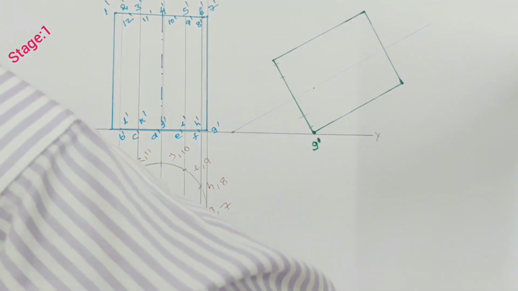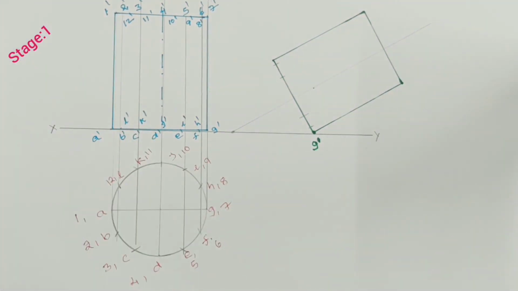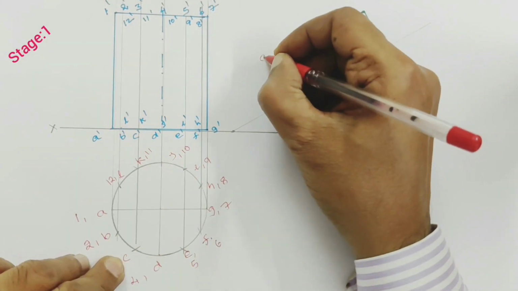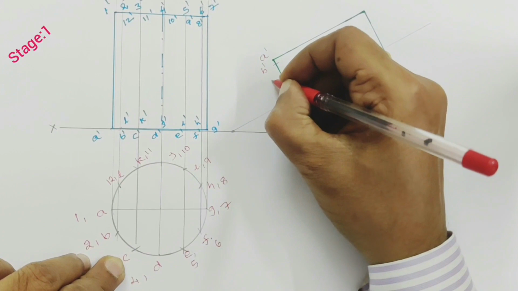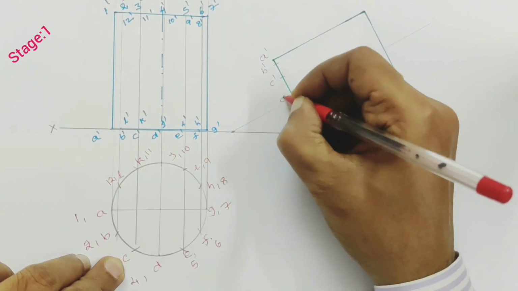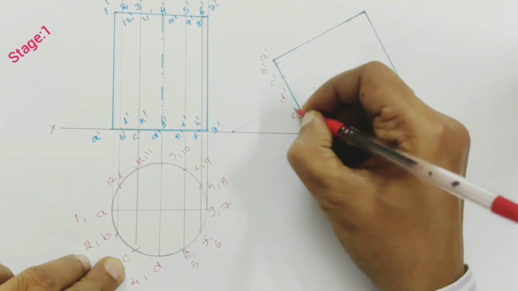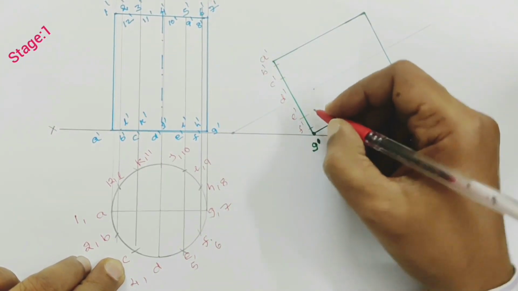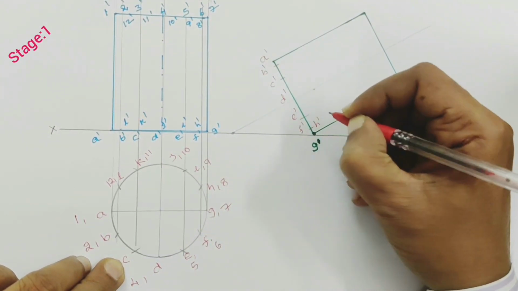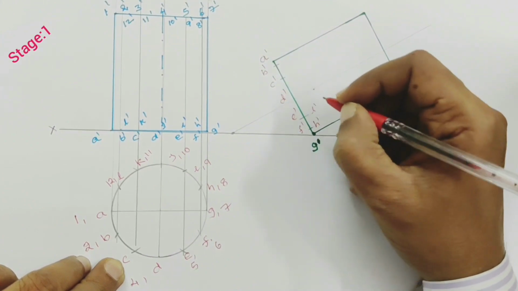Then name those points. Say A dash, B dash, C dash, D dash, E dash, F dash, then H dash, I dash.